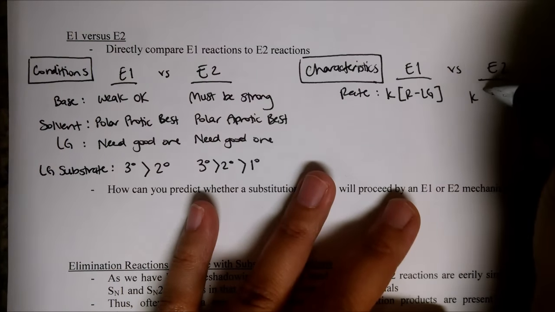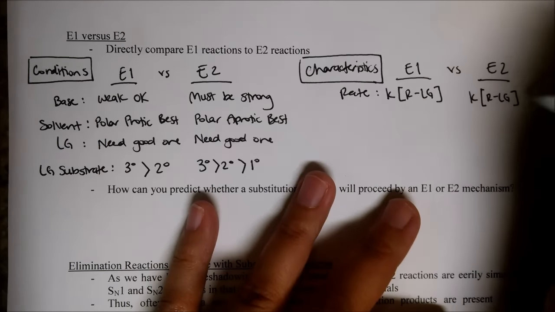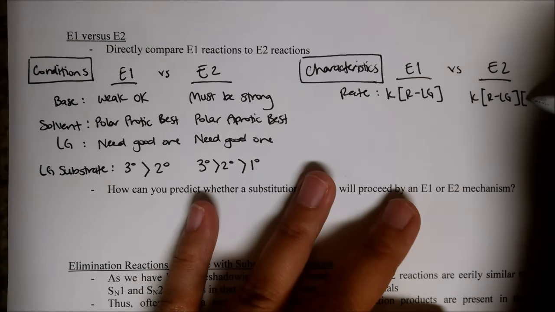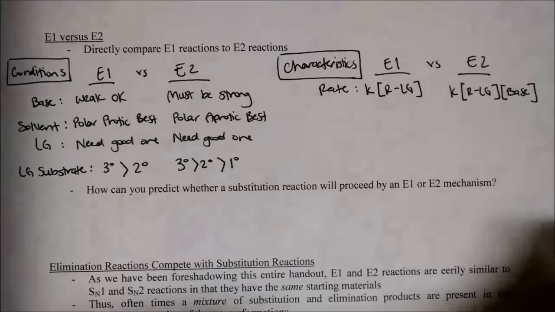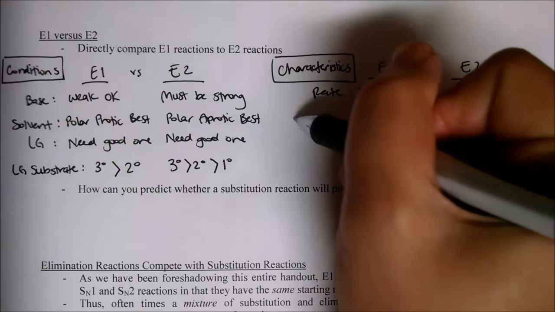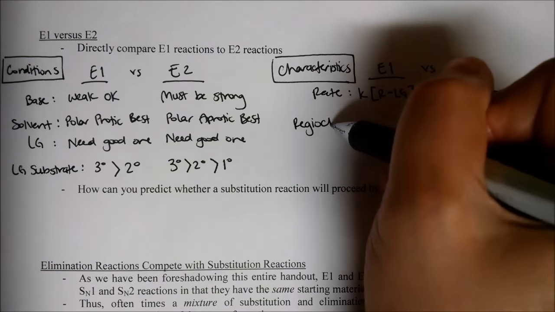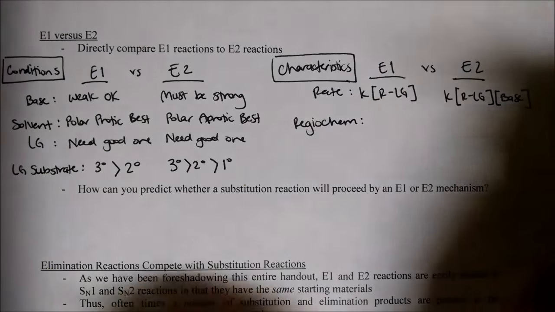Whereas E2, it was all one step, and both of the starting materials were in that transition state. So it was bimolecular, and both of those starting materials are in the rate law. Okay? How about the regioselectivity of the reaction?